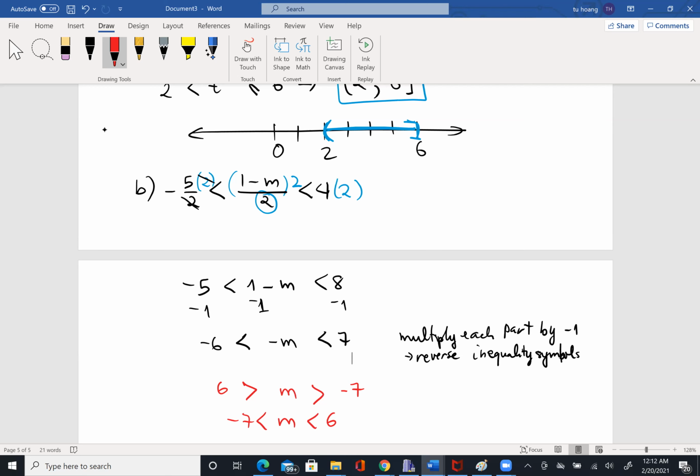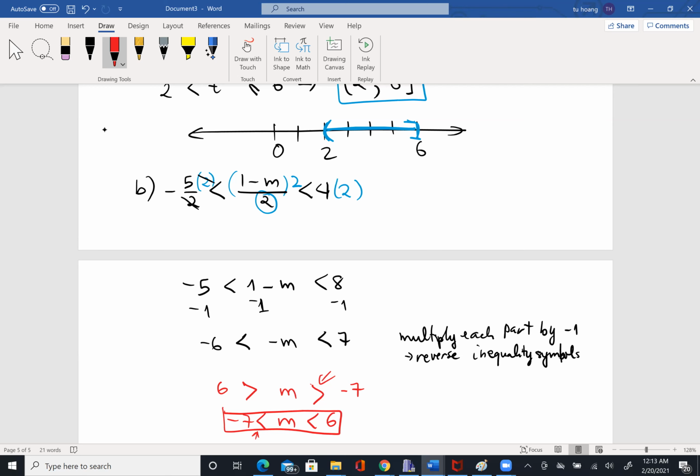But remember that you need to make sure the direction is right: the arrow should face toward negative 7 when I put negative 7 on the left-hand side. All right, so this should be the solution.